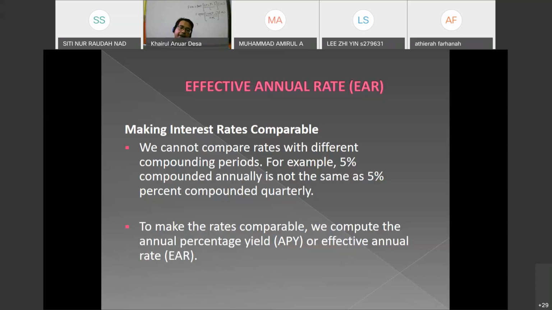Right? To make the rate comparable, we compute the annual percentage yield ataupun kita panggil sini effective annual rate, okay, ataupun EAR. We use EAR to compare the different interest rate or different frequency of compounding.